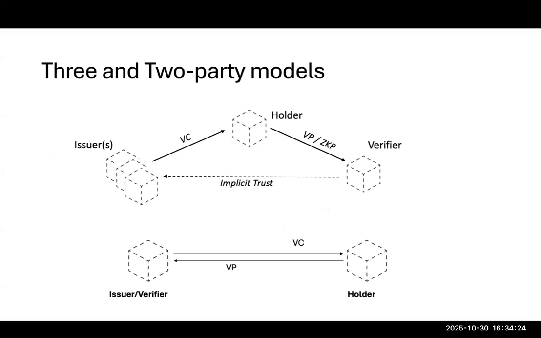Three and two-party models. The one that I presented you in the framework that is the most common is the three-party model. You have issuers, typically more than one, that issue credentials to the holder.